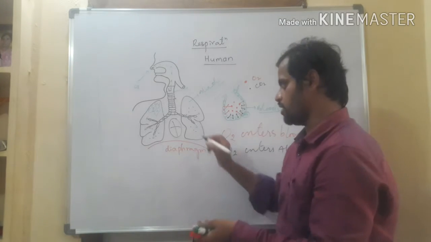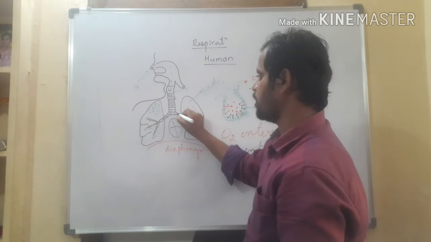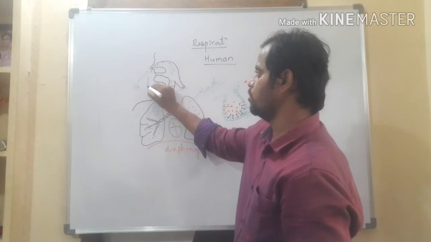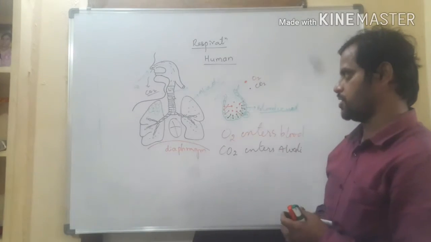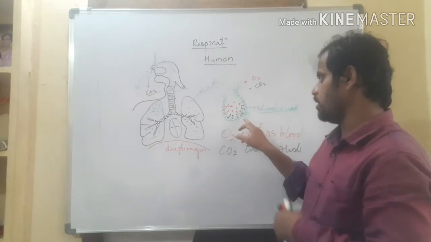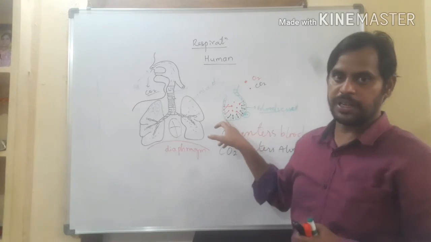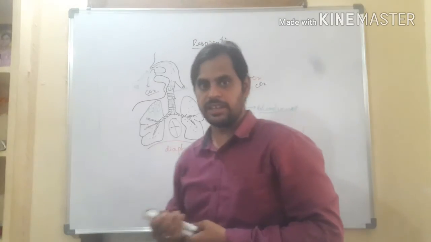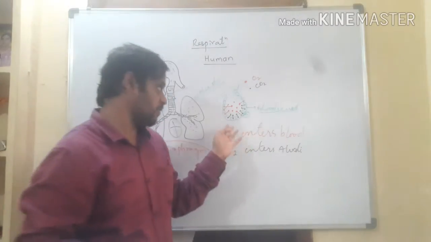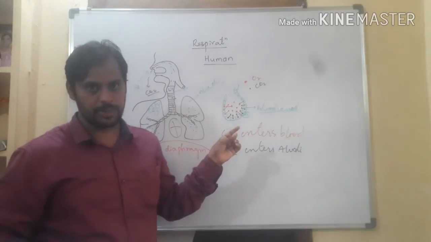Now in exhalation the carbon dioxide comes out of the nose. Why did carbon dioxide come here? Here hemoglobin brought the carbon dioxide. From where did it bring the carbon dioxide?